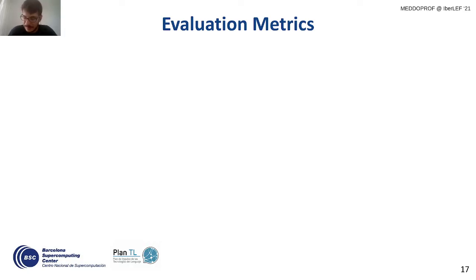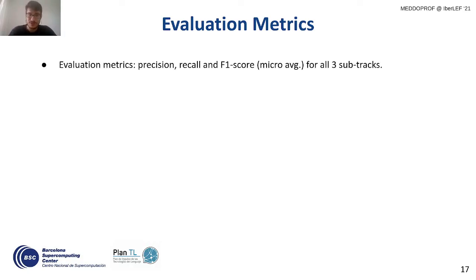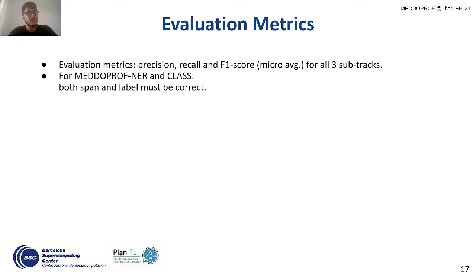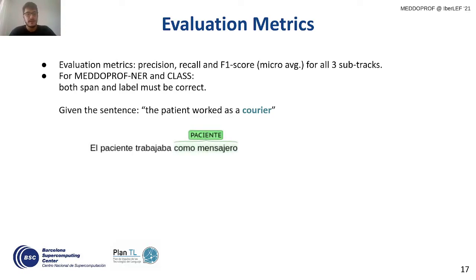Okay, about the evaluation of the task, we used the precision, recall and F1 score microaverage for all three of the subtracks. And for MEDDOPROF NER and class, both the span and label must be correct. It was a strict evaluation setting with exact matches. So for instance, given the sentence, the patient worked as a courier, el paciente trabajaba como mensajero in Spanish, if the participants predicted como mensajero when the occupation is just mensajero, this is incorrect because the span is incorrect.